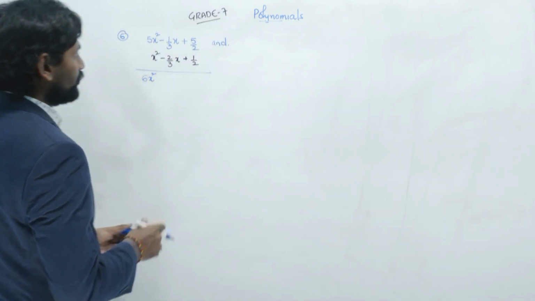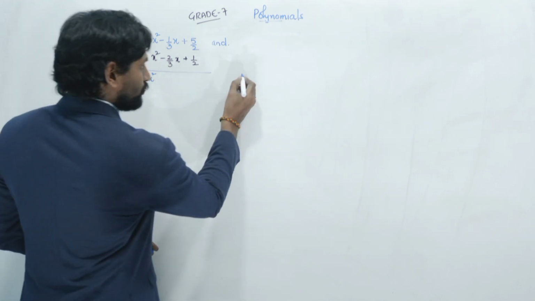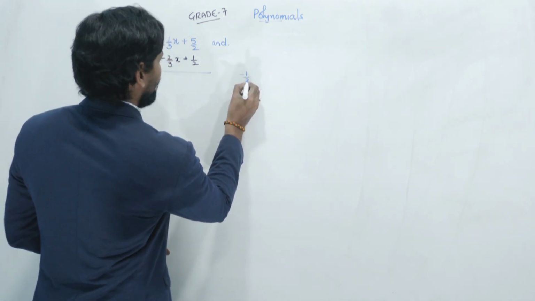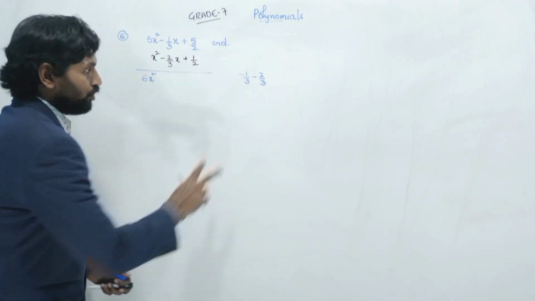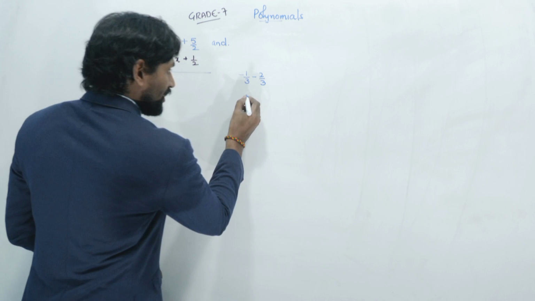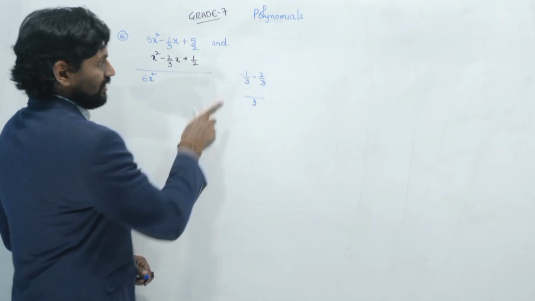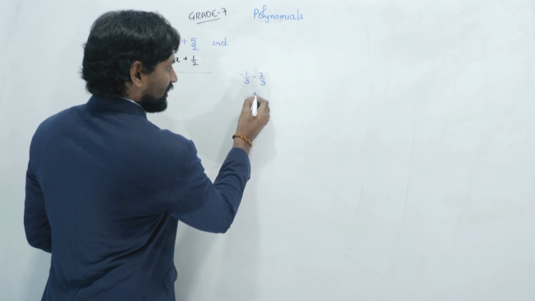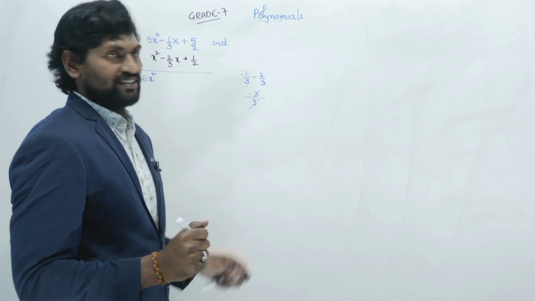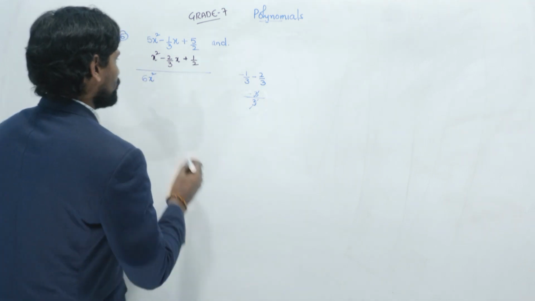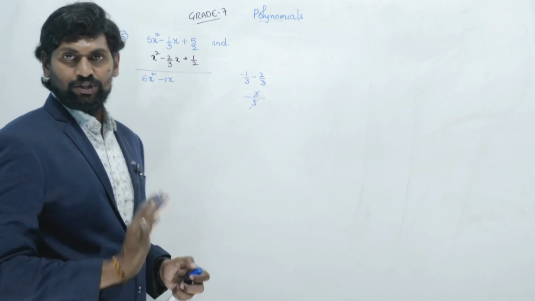Okay, next coming to the x terms. Minus 1 by 3, minus 2 by 3, both are negatives. Now I am doing the rough work here. Both are like terms with the same denominator, so try to add the numerators. Minus 1 minus 2 is nothing but minus 3. 3 ones are 3, so with the minus symbol, minus 1x, which means minus x only.